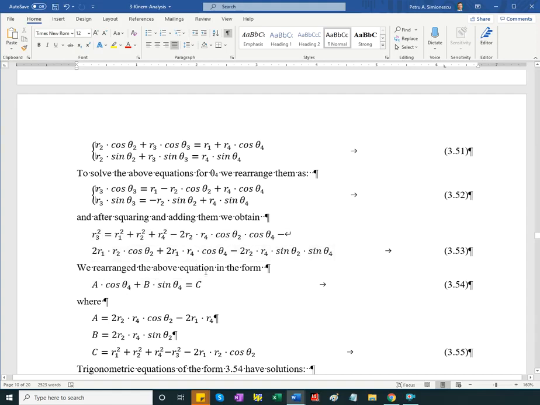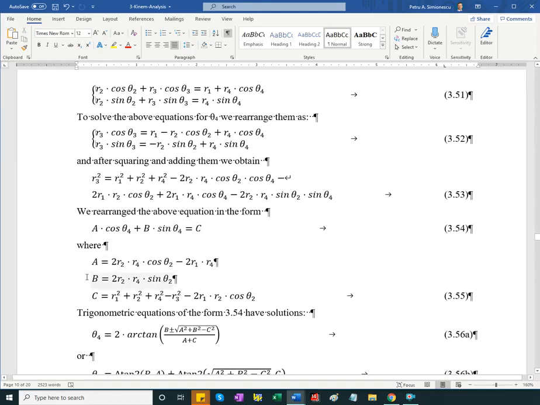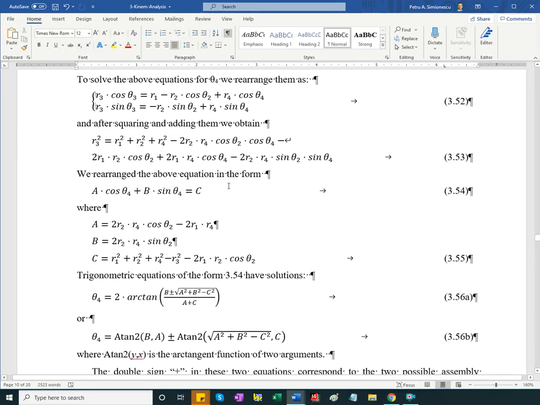where the unknown is theta 4, the output link angle, and we arrange it of the form A cosine theta 4 plus B sine theta 4 equals C, where A equals, B equals, and C equals, again identifying terms. Equations of this form have solutions theta 4 equals arctangent of B plus minus the square root of A squared plus B squared minus C squared over A plus C. So plus minus in front of a square root, reminiscent of a quadratic.